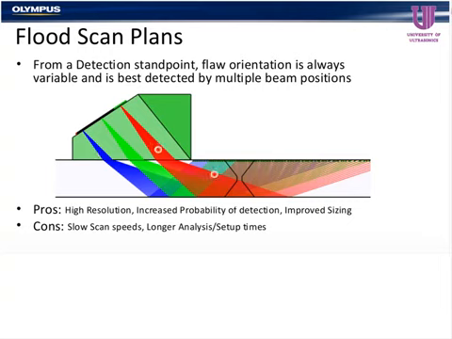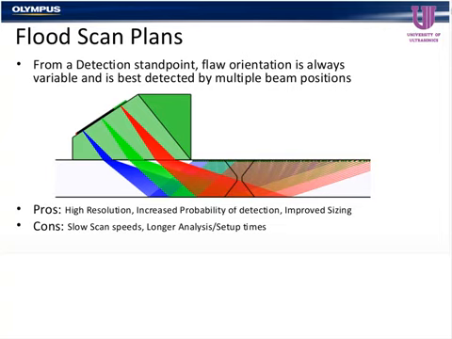Okay? If you want to try to put some purpose to it, maybe they broke the weld up into 3 particular areas. Say the red one at the bottom third, the green one in the middle, the blue one's covering more of the top. But the point to this is to introduce as much sound into the part as possible from as many different positions as possible to improve your probability of detection.